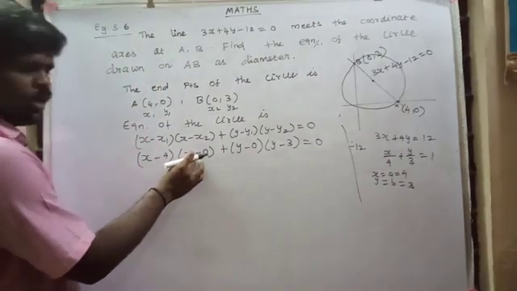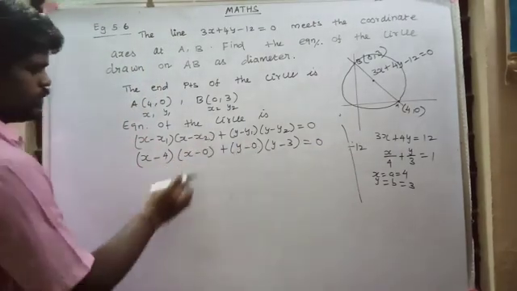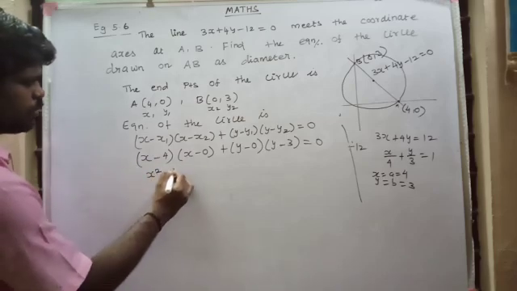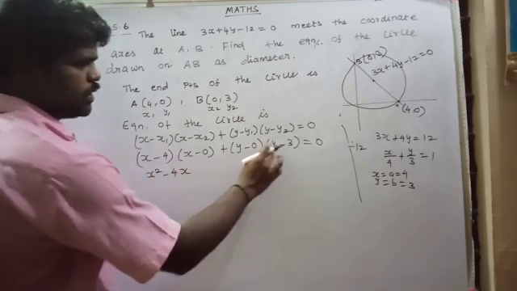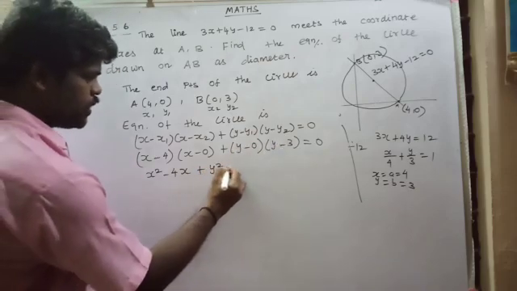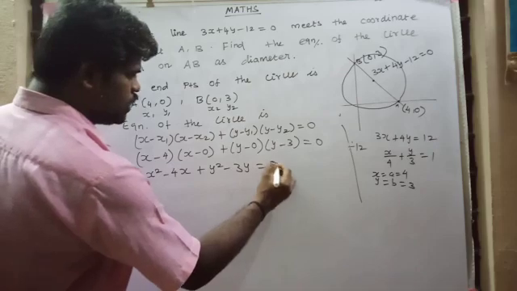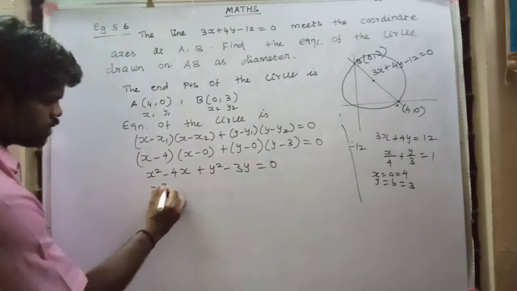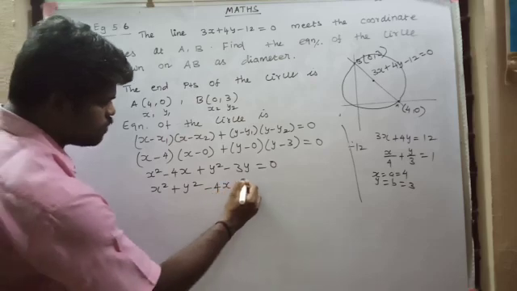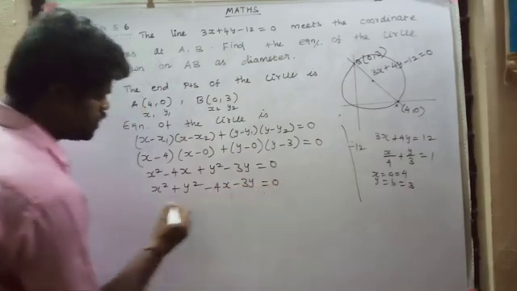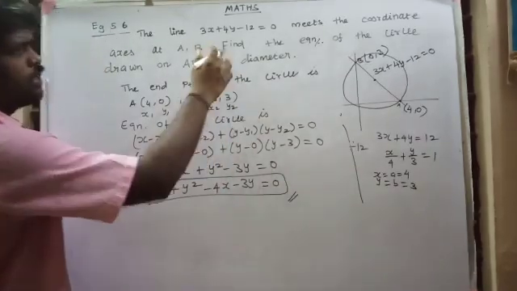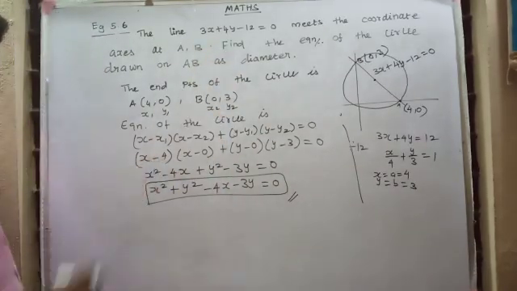Here only x and here only y. Multiply x into x minus 4, x squared minus 4x, and y into y minus 3, plus y squared minus 3y equal to 0. Now x squared plus y squared minus 4x minus 3y equal to 0, which is the required equation of the circle. Refer to the sum.